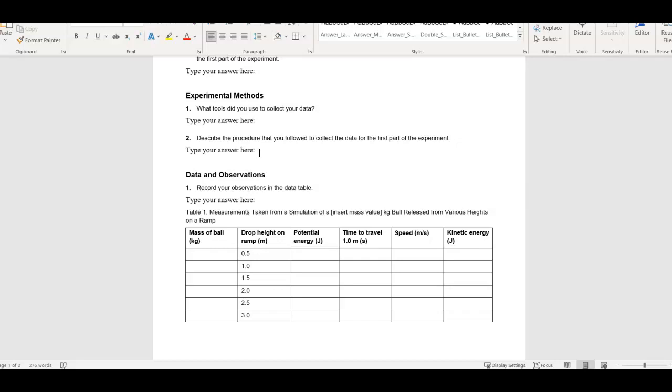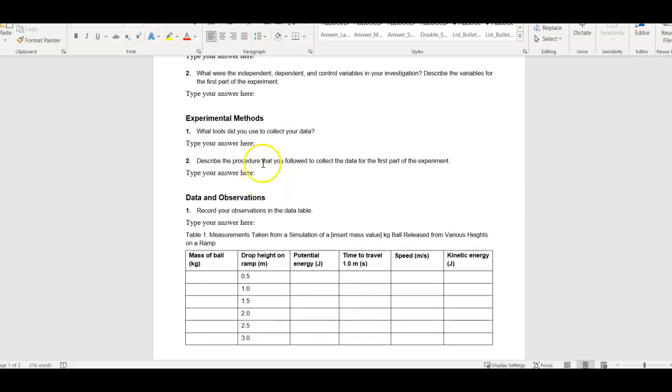We took 3 different balls that were 3 different masses. We dropped them from several different heights, and we recorded that data. It needs to be a detailed explanation of the procedure. That's the steps. So think about it like a recipe, what you're following to be able to write this answer out. It should not just be one sentence.